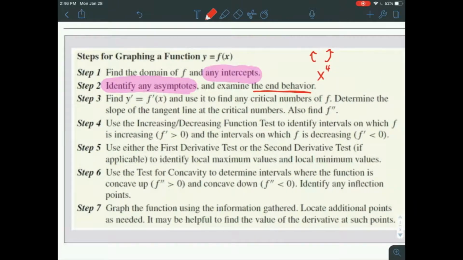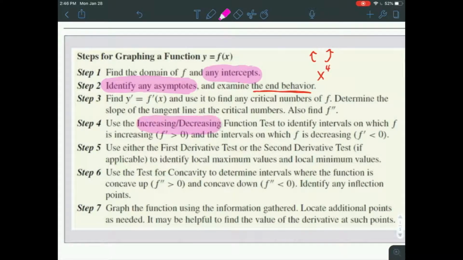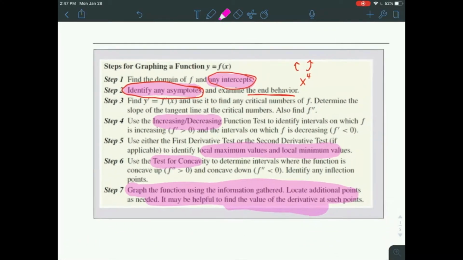We're going to figure out whether it's increasing, decreasing, for our maximum and minimum values, and then whether it's concave up or concave down. So a lot of this is review. The only thing we haven't done a ton of lately is finding asymptotes, finding intercepts, and then the whole putting it all together. All right.